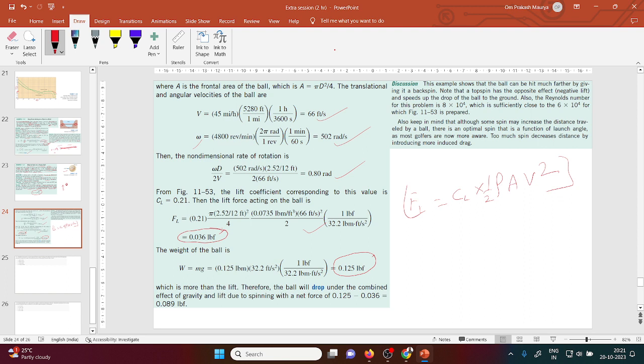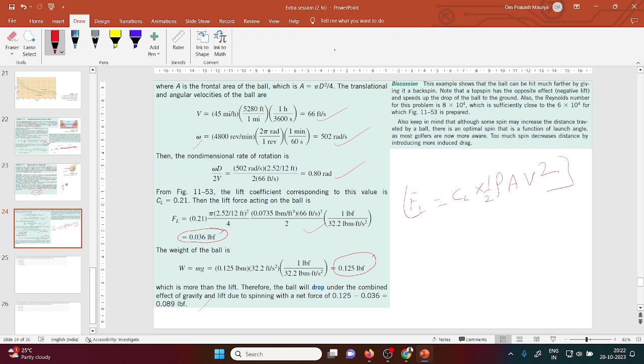In this case the concept is very important for this question. The calculation you can do easily. So here the weight of your body is greater than the lift force. Therefore, the ball will drop under the combined effect of gravity and lift due to spinning.